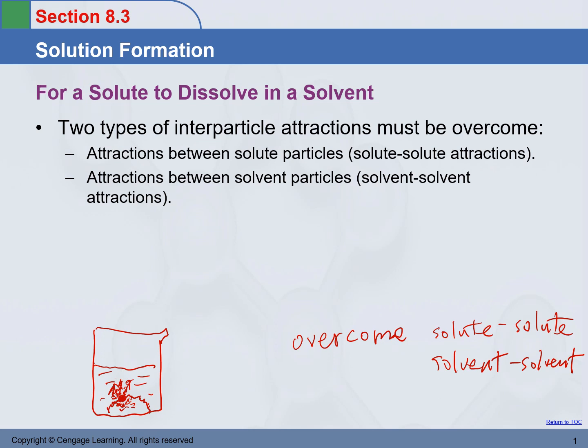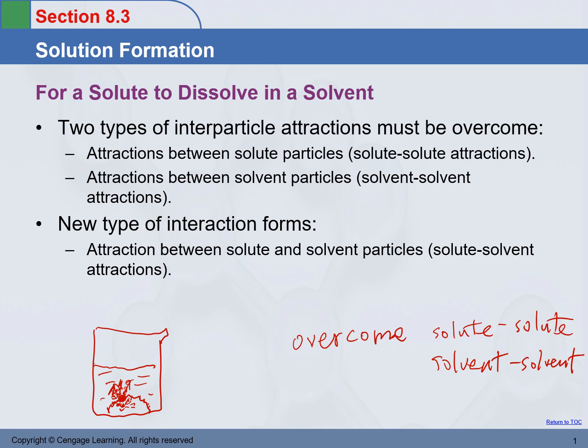So once you mix solid and solvent substances together, a new type of interaction forms. That is the attraction between the solute and the solvent particles. And that is the driving force for dissolving. Whether something will be dissolved in the solvent or not is primarily decided by this interaction.